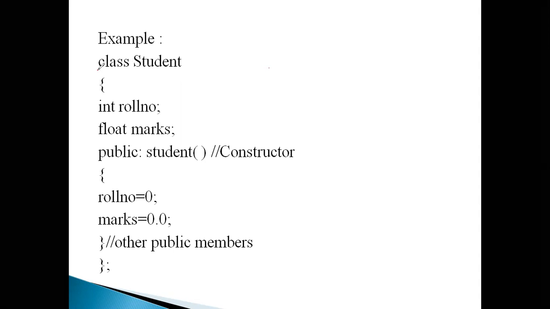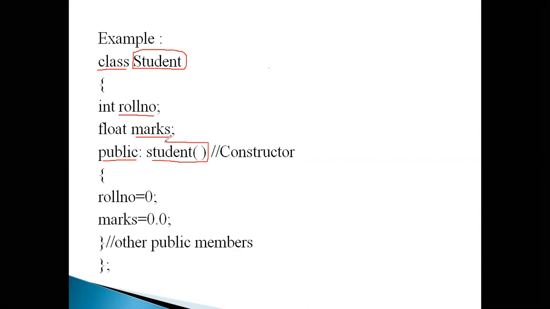Now here I am defining a class with the keyword class, and the name of the class is student. In this I use two normal data members, roll number and marks, with the data types int and float, and then come to the public section. In the public section, I am defining a constructor.